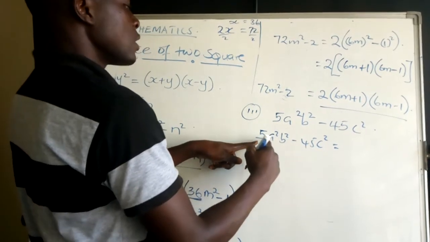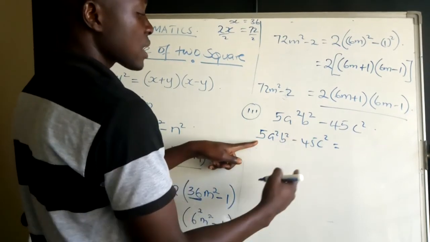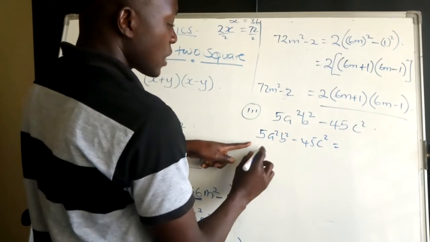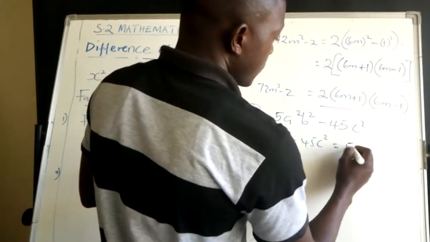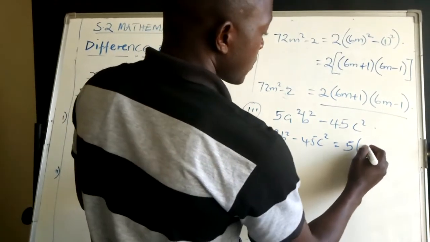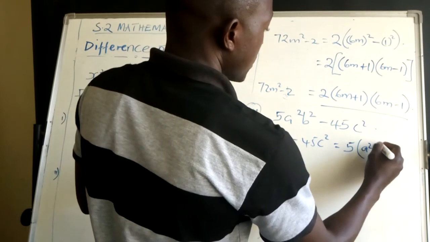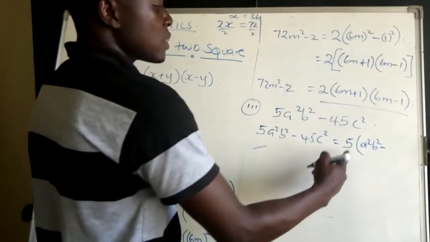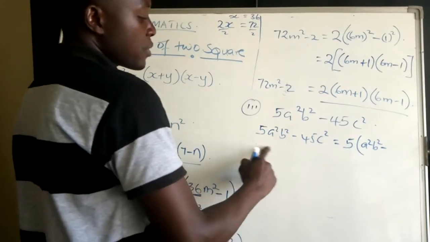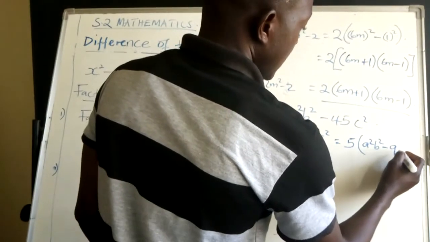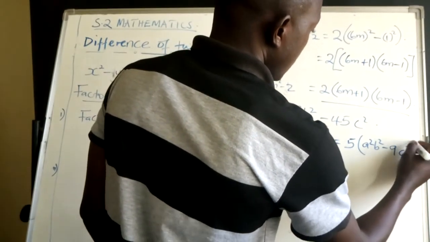I think 5 is common, it's a common factor between 5 and 45. So if it's common, I pull it out. I'll have 5 into, here I've taken away 5, so I'm left with a squared b squared minus, which number do I multiply with 5 to get 45? If you go to the multiples of 5, you'll find that that number is 9. So I have 9c squared.